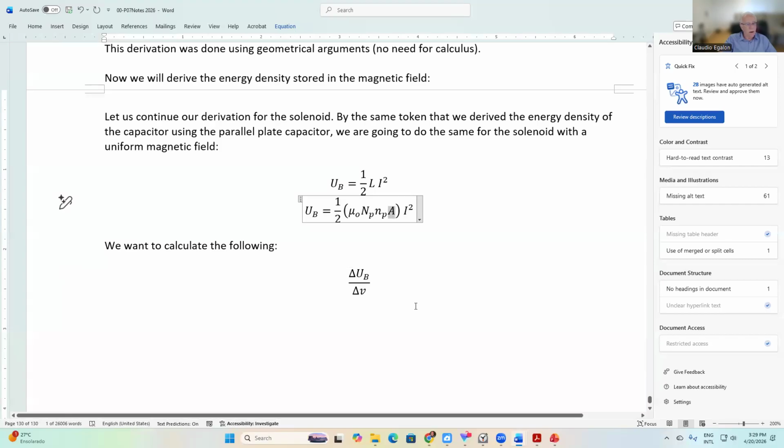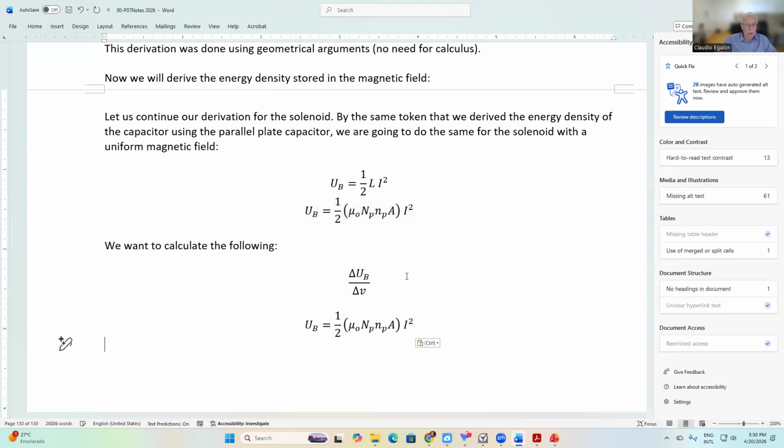Make sense? We can take a slice of our solenoid, and we are also going to need the length of the solenoid. So let's write that down in terms of the length. We have a length of the solenoid here implicit in our equation.